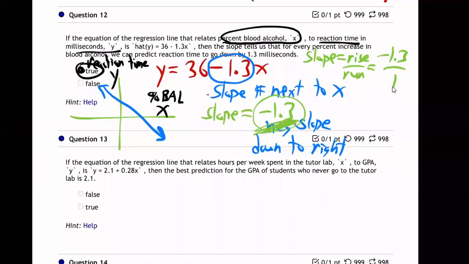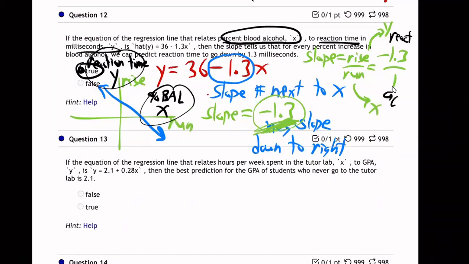Okay, great. So what is rise? Rise is Y values. What is run? X values, right? You run on the x-axis, you rise on the y-axis. So when they say rise over run, Y values, there's what? Reaction time. And what is the x-axis? Percent blood alcohol level. They told me that right in the words of the problem.